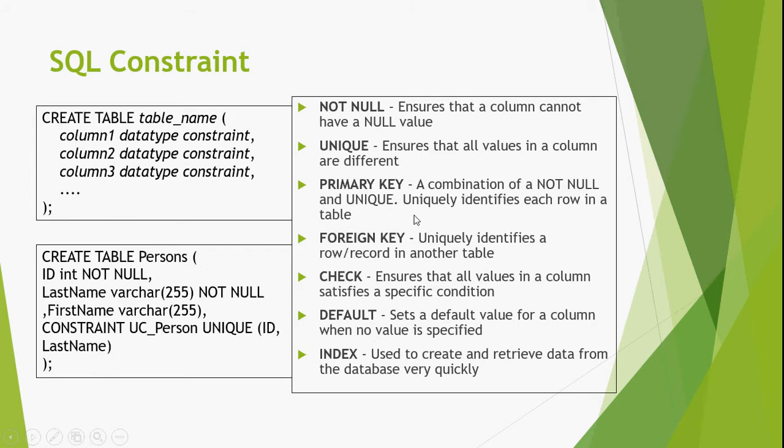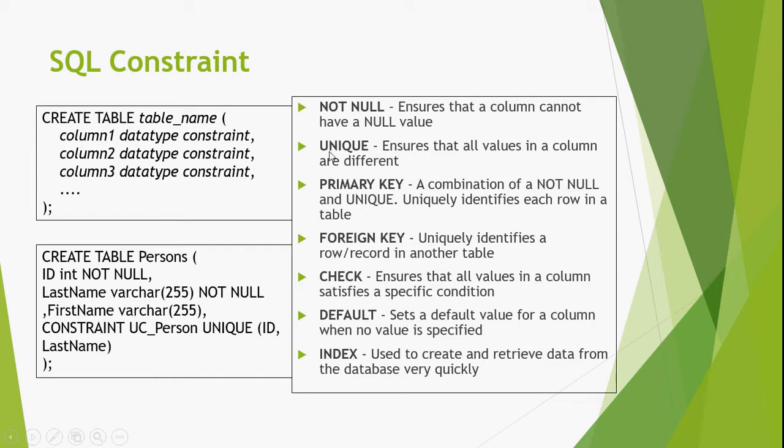And when we are creating a table, we give some information such as primary key, not null, unique, foreign key, check, default, index. We have already used primary key as identity. In the ID column we used primary key, a combination of not null and unique, which uniquely identifies each row in a table. So a primary key should be not null and unique, and each row will contain a unique primary key as a constraint.